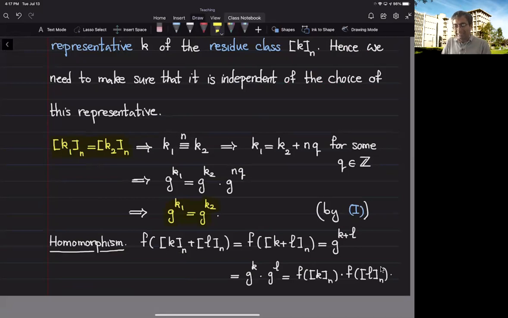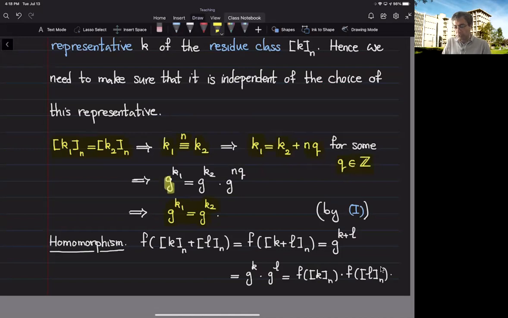So knowing that k1 and k2 have the same equivalence classes modulo n is in fact equivalent to saying that k1 is congruent to k2 modulo n. Now, what does that mean? This means the difference of k1 and k2 is an integer multiple of n. And that means k1 is k2 plus an integer multiple of n, where q is an integer.